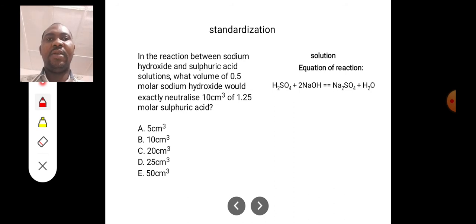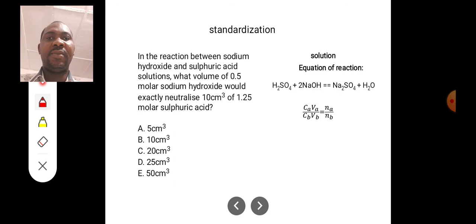Here we can quickly use the formula CAVA over CBVB equal to NA over NB. In the question, we are looking for the volume of the base, sodium hydroxide.